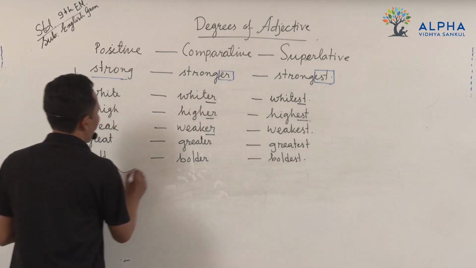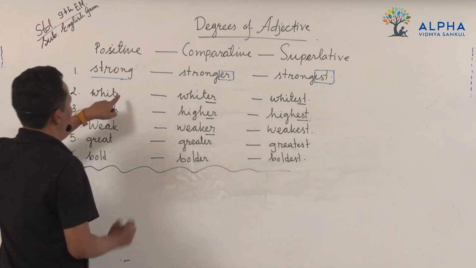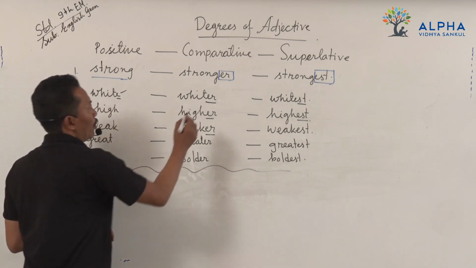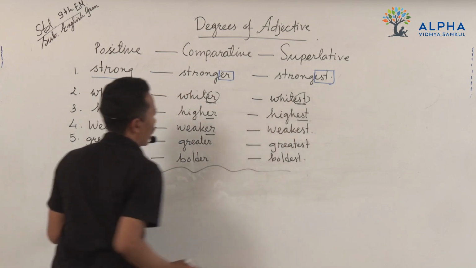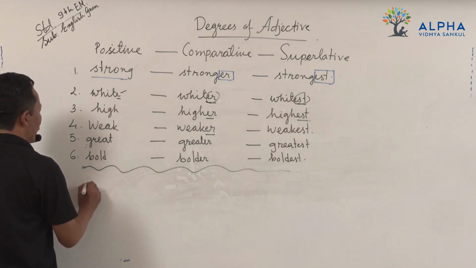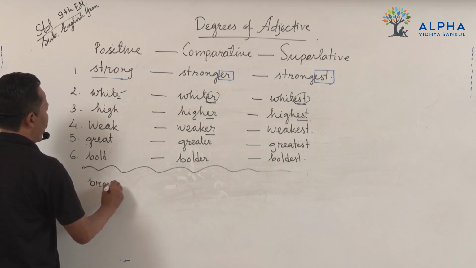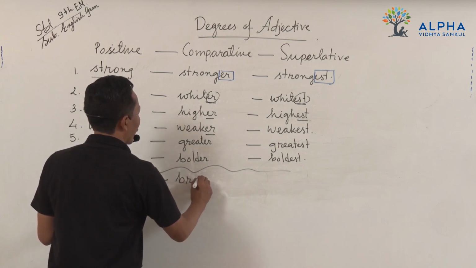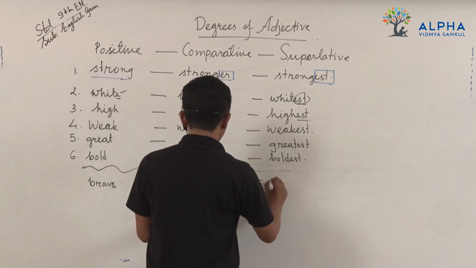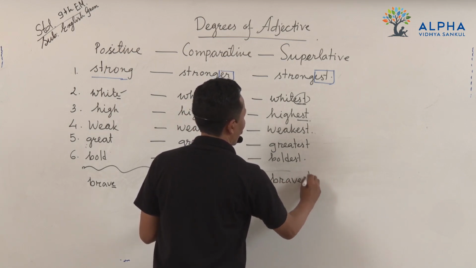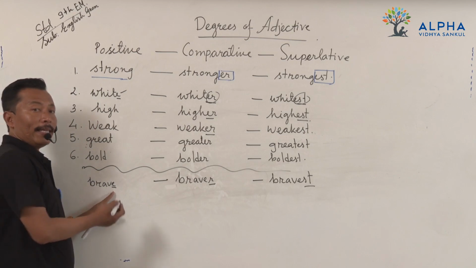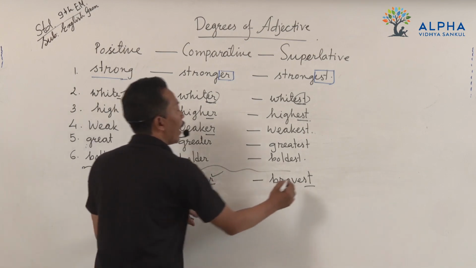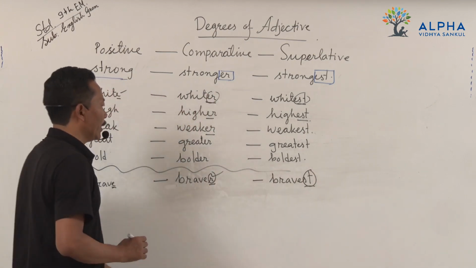Sometimes students, if the adjective already ends in e, then we have to put only r and st. Suppose we take brave: it already has e, so we have to add only r, braver and bravest. You have to know this idea also.